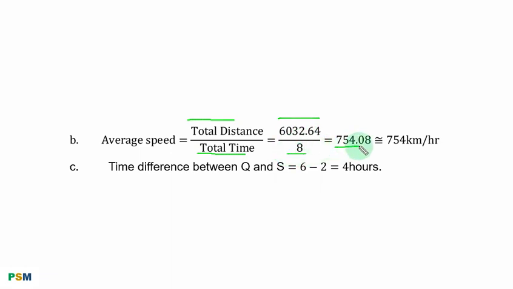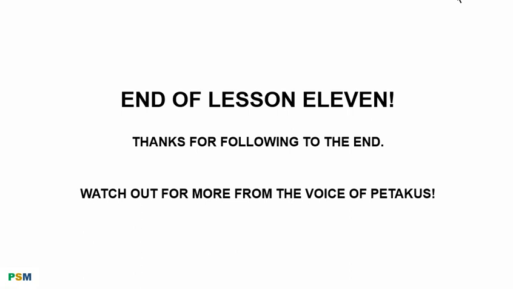To 3SF, you have average speed to be 754 kilometers per hour. C, time difference between Q and S is simply equal to 6 minus 2, and that is 4 hours. End of lesson 11.